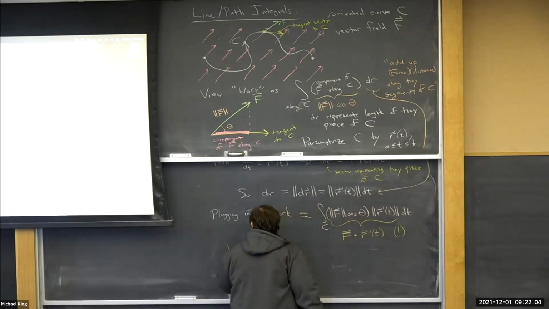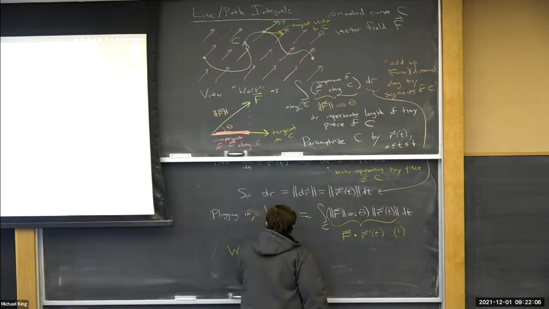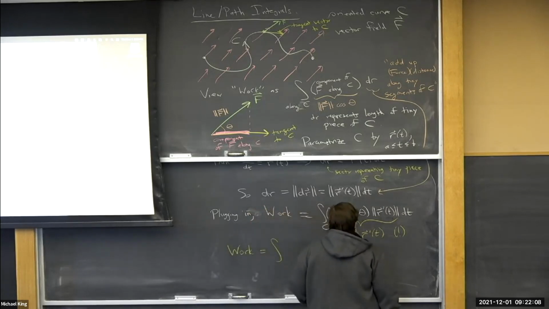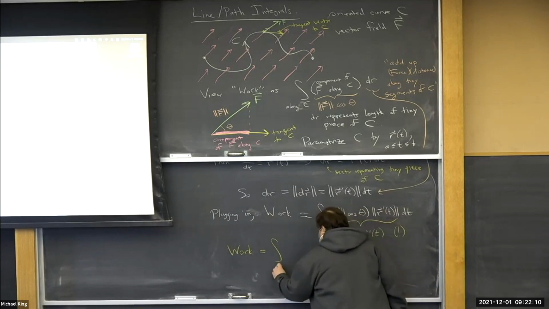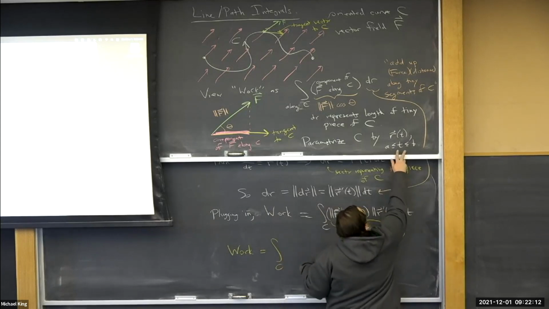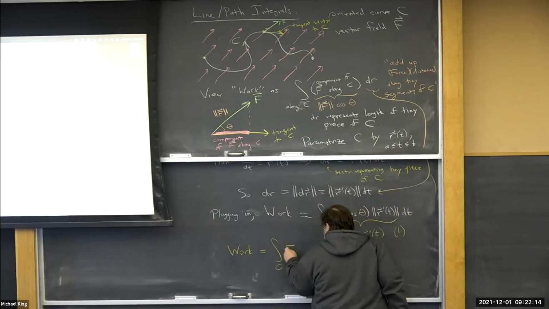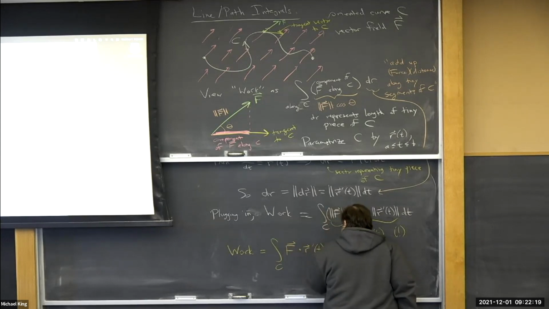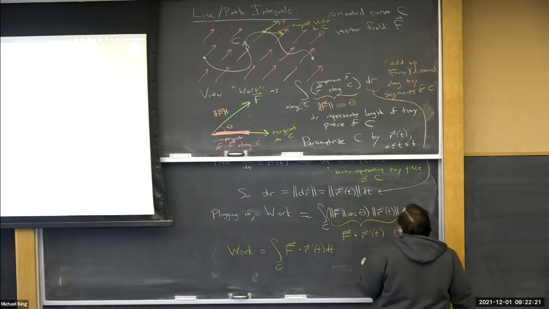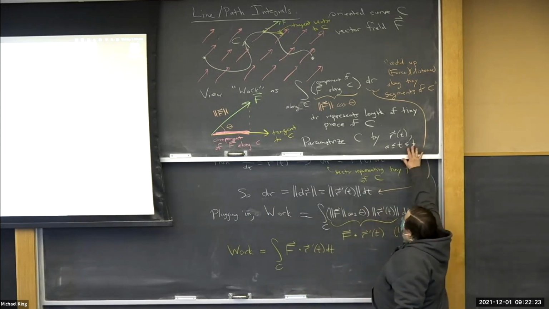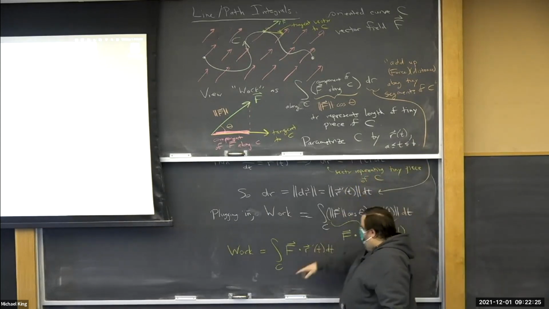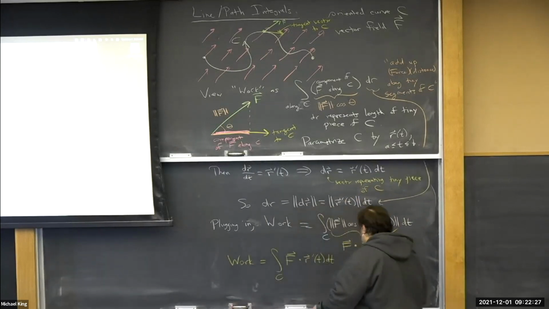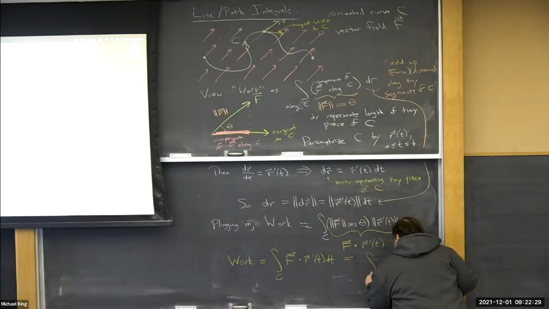So work is the integral, I'll still say C, we're really going to do it from little a to little b, but it's f dot r prime of t dt. And actually, r prime of t dt is this dr right here that we were calling it. So the way people write this is the integral along C of f dot dr.